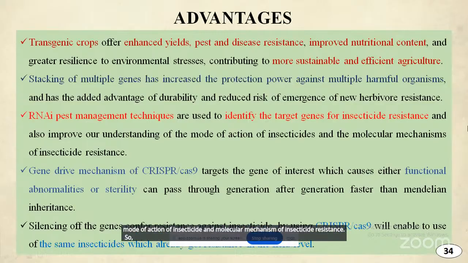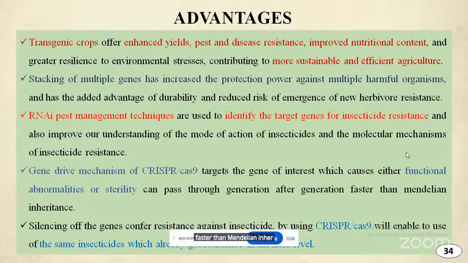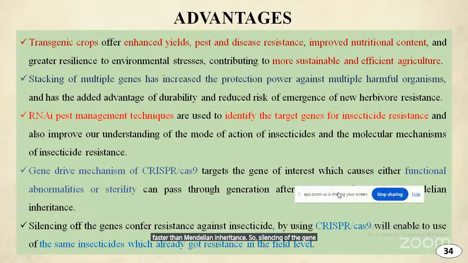The gene drive mechanism of CRISPR-Cas targets the gene of interest, which causes either functional abnormality or sterility, and that can be passed to all the different generations faster than Mendelian inheritance. Silencing of the gene conferring resistance against an insecticide by using CRISPR-Cas will enable us to use the same insecticide to which the pest already got resistance in the field.